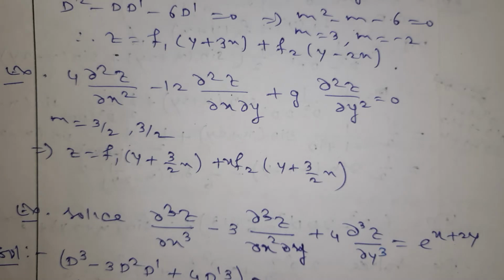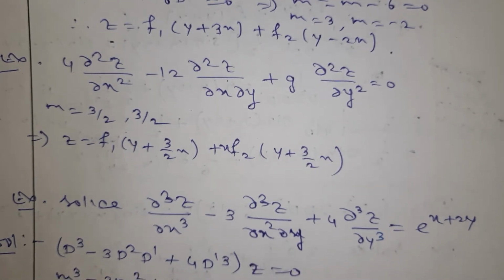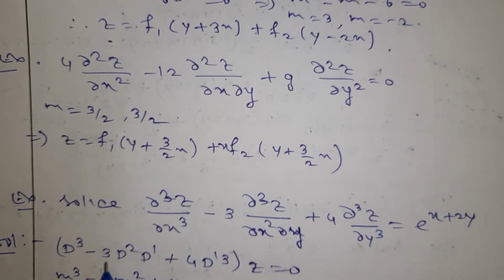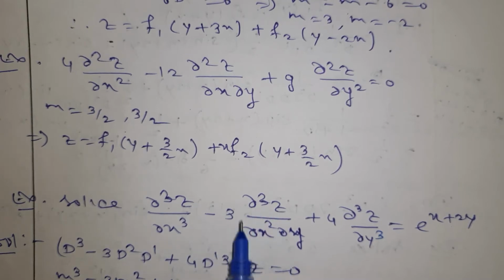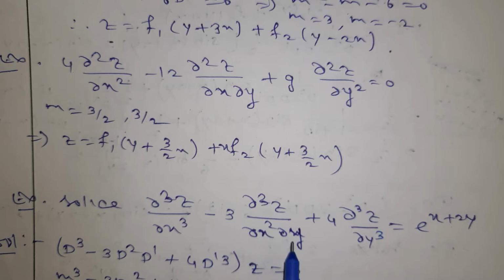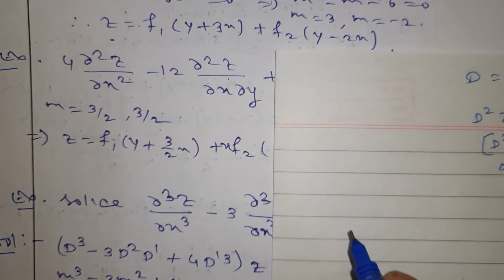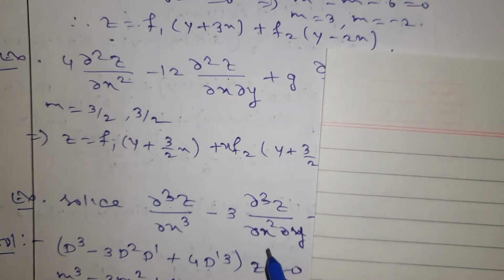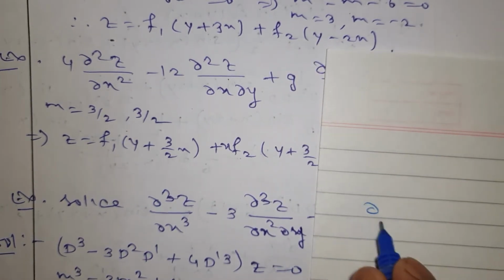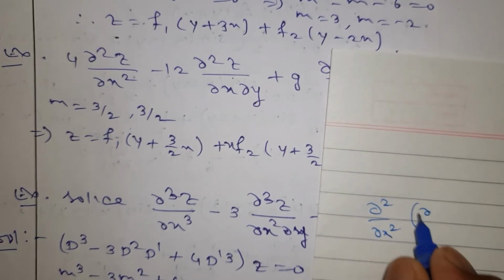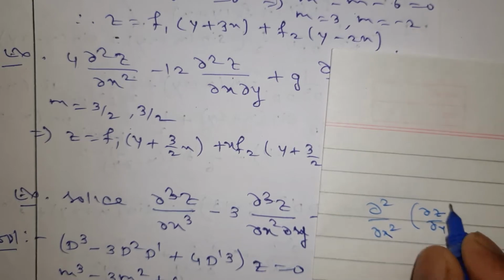Can I write the auxiliary equation directly? This is your D³ minus 3. How do I write this? See here, ∂²/∂x² means D², and ∂/∂y is D'. This 3 ∂³z/∂x²∂y, I can write as ∂²/∂x² into ∂z/∂y.